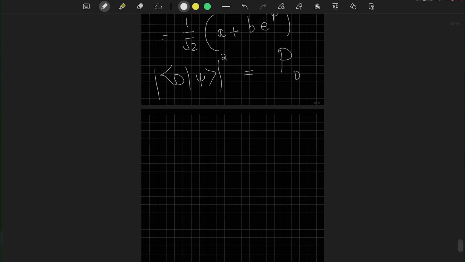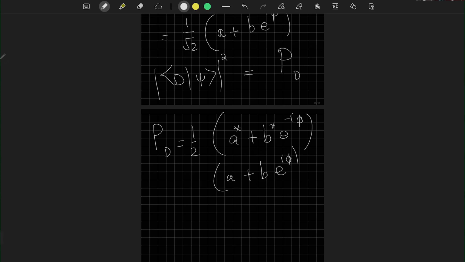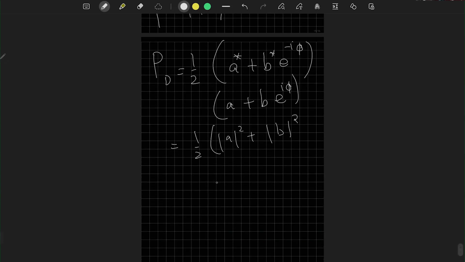So the square of this is 1/2 modulus square, by the way, A star plus B star e^{-i phi} multiplied by A plus B e^{i phi}. Let's see what I get. Half, A mod square plus B mod square plus A star B e^{i phi} plus A B star e^{-i phi}.